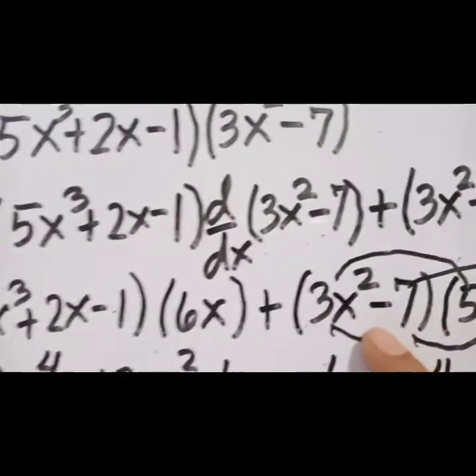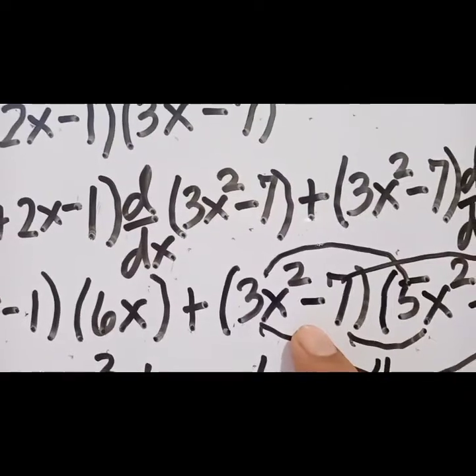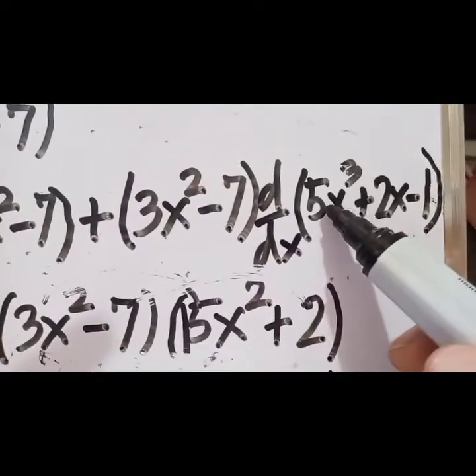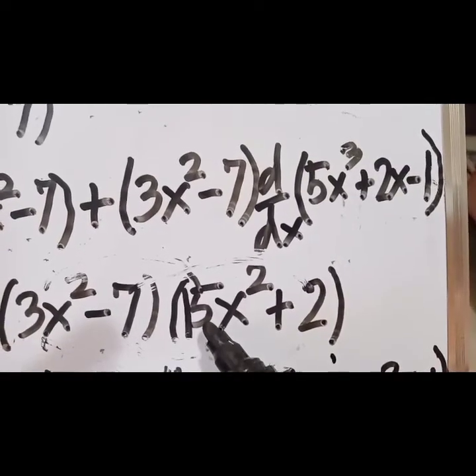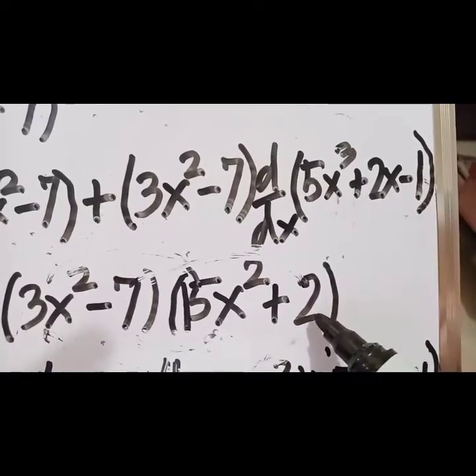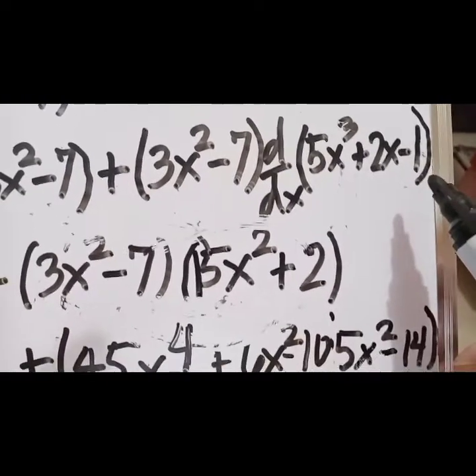Plus, nire-write ulit yung second function. Kinuha naman natin the derivatives of 5x cubed is 15x squared. Then the derivatives of 2x is 2 and negative 1, that is 0.